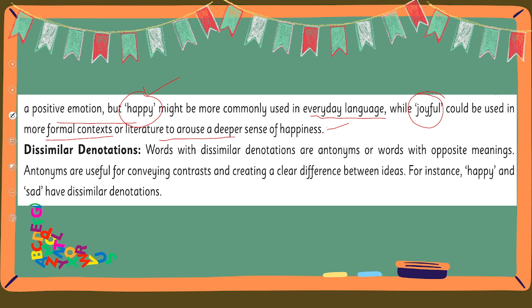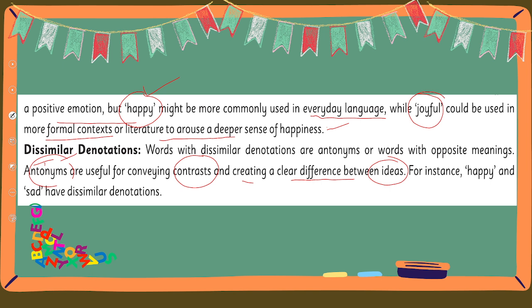But even though those words give you the same and similar denotation, dissimilar denotations are words that give us opposite meanings. We call them antonyms. Antonyms are useful for conveying contrasts and opposites and creating a clear difference between ideas.